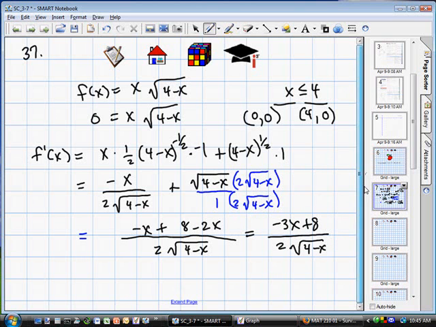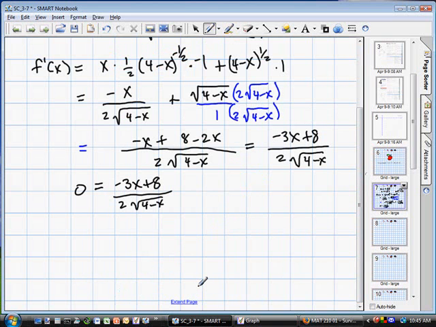Now, when is that equal to 0? Well, wouldn't you multiply both sides of that by 2 times the square root of 4 minus x? And then you'll have this in your next line. And then you can just solve fairly easily.